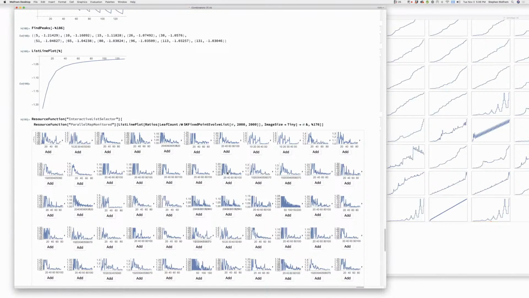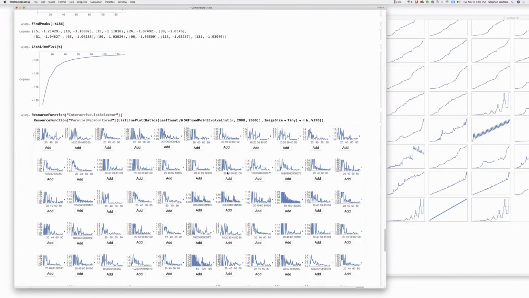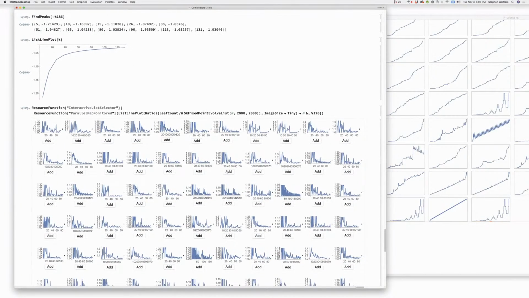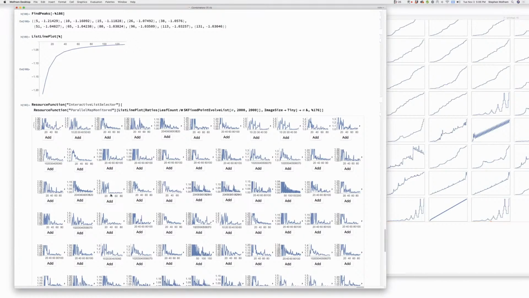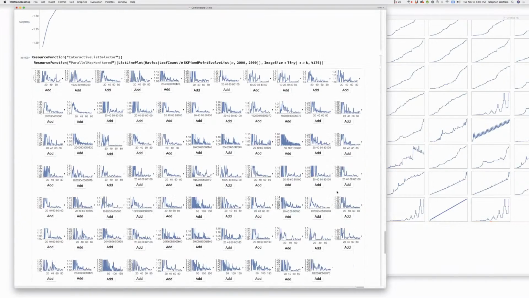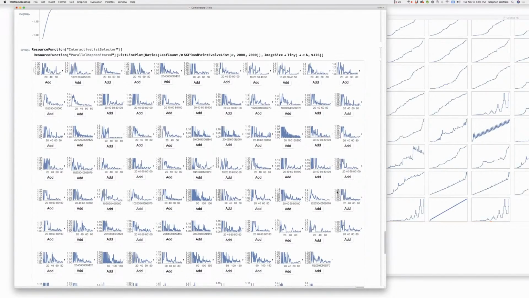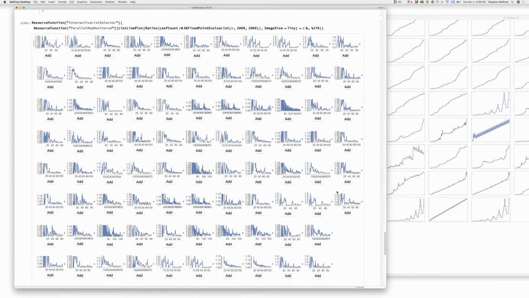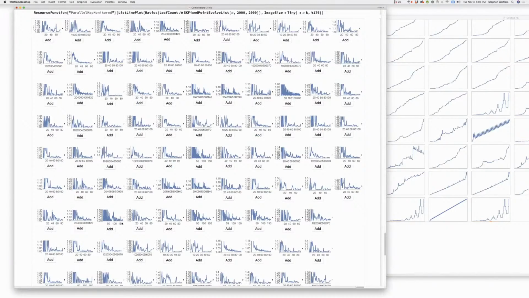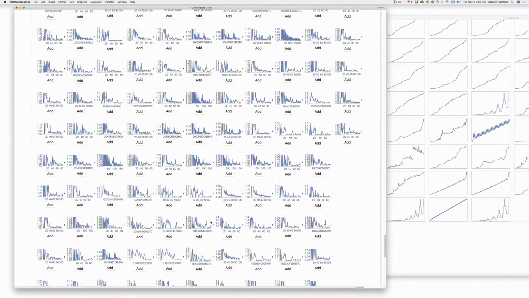Okay, a little bit more structure here. But okay, so most of these, curiously, are going very, very close to 1 quite quickly. There's some excursions away from 1. Most of them are going really close to 1.